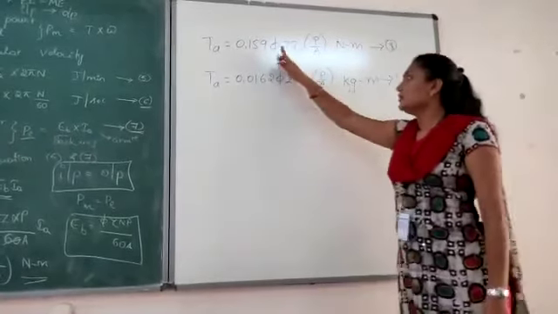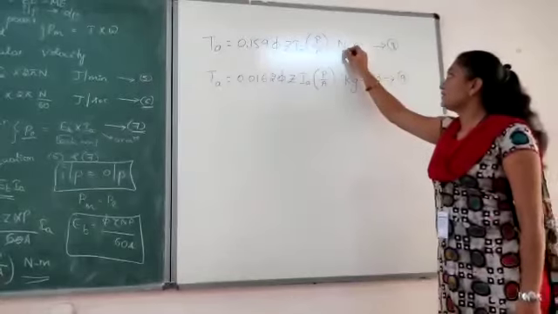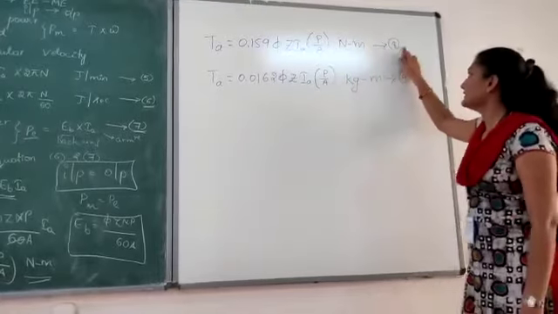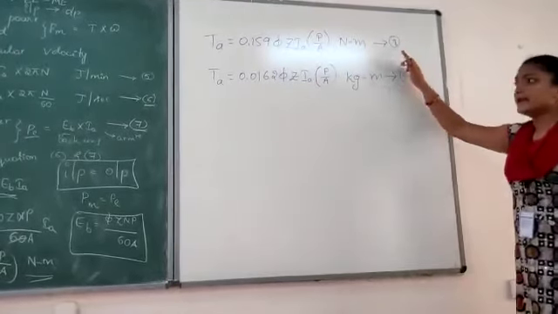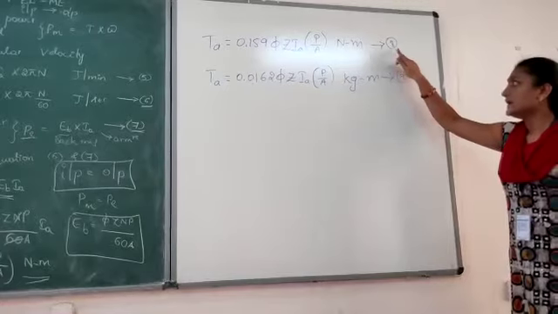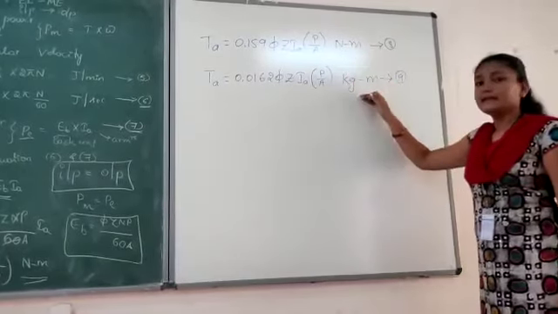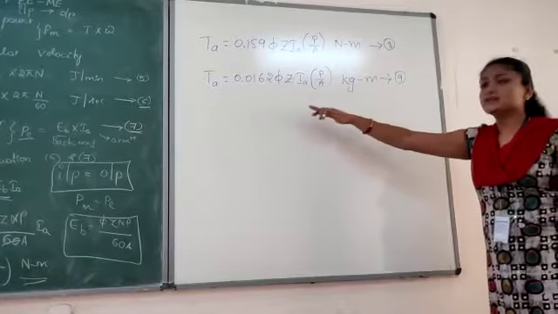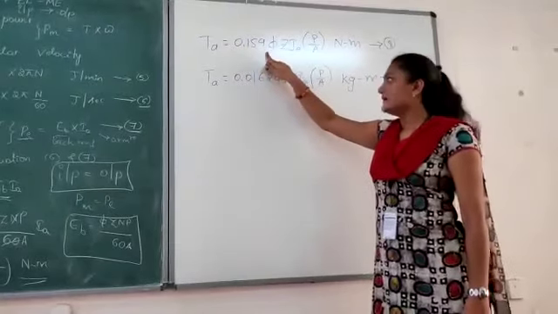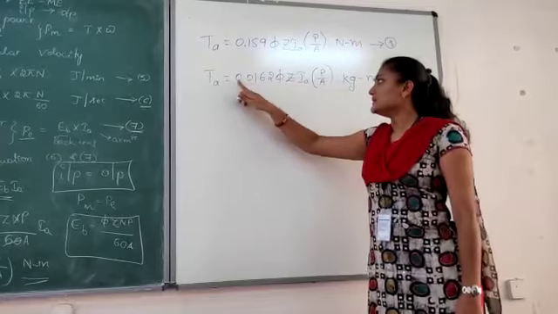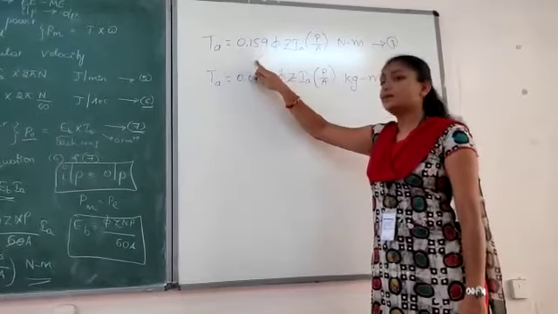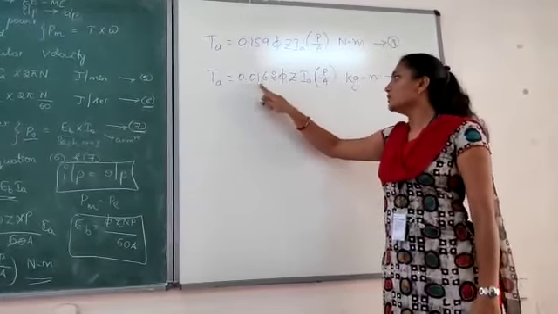In order to convert this equation to kg meter, equation 8 should be divided by 9.81 to get equation 9. Dividing 0.159 by 9.81 gives 0.0162.